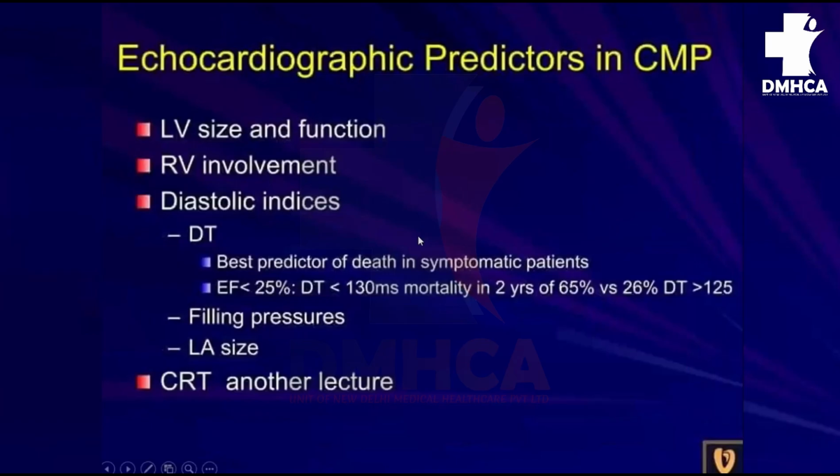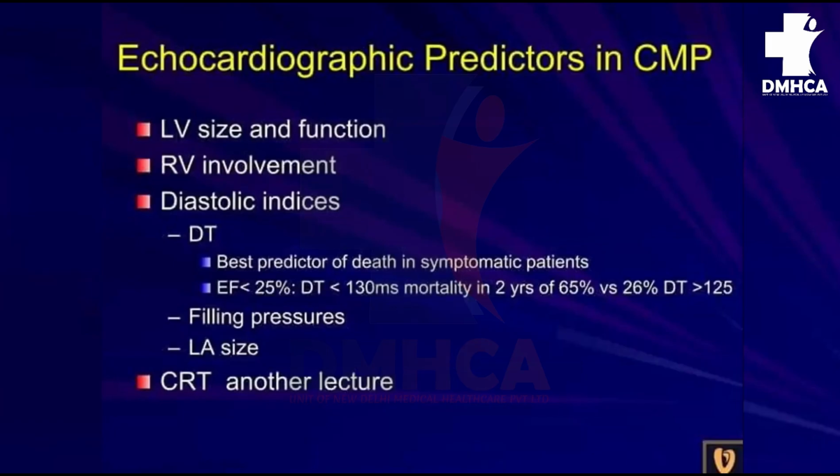Echocardiography prediction: LV size and function, whether RV involvement is there or not, RV dysfunction, TR is there or not, TRPG how much, you have to find out. LV size and function, how much the LV is dilated, whether it is more than 5.6, 5.8, 6, 6.2.